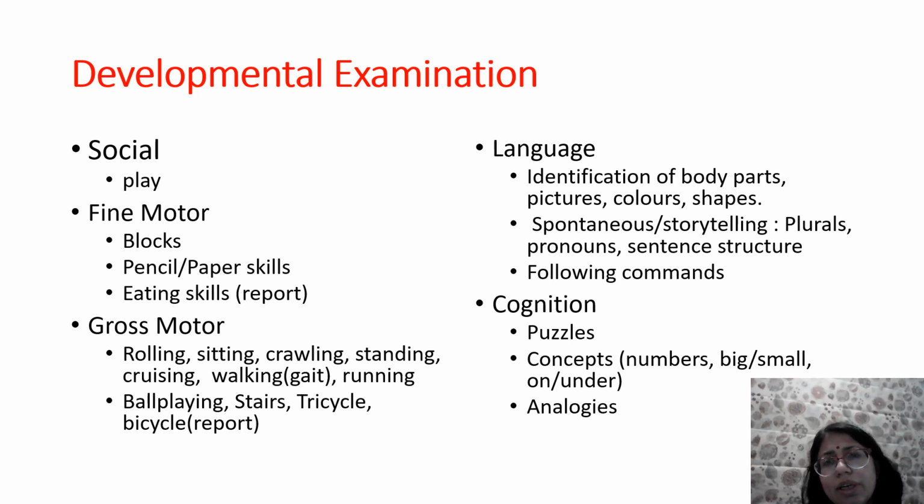Then also whether he has a concept of numbers, whether he knows what exactly is 1. Then he can distinguish between big and small, on or under, analogies in the form of similarities and differences. So in the whole, this is a comprehensive overview of how we go about the developmental examination.